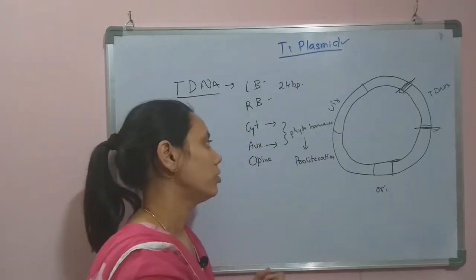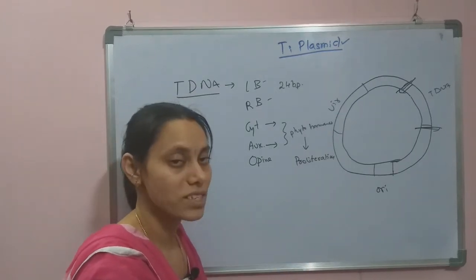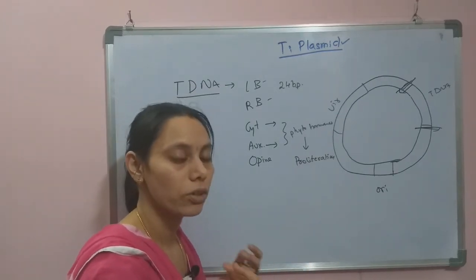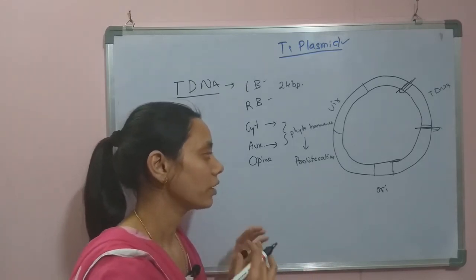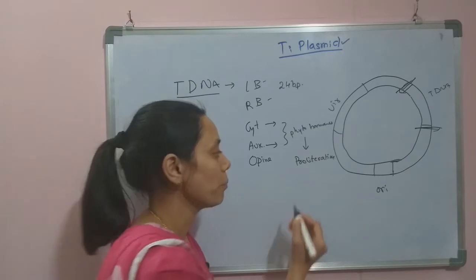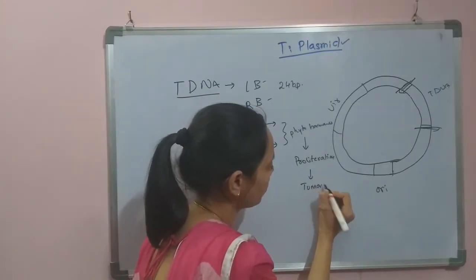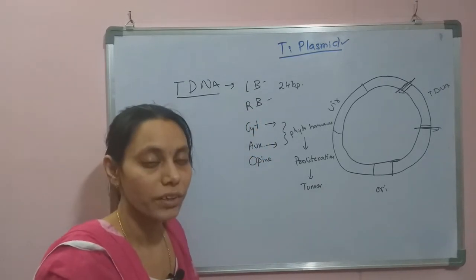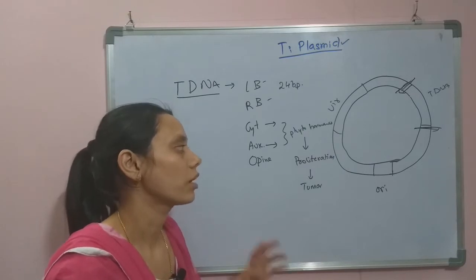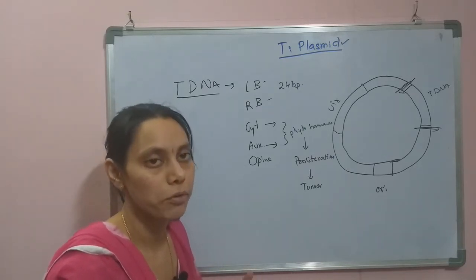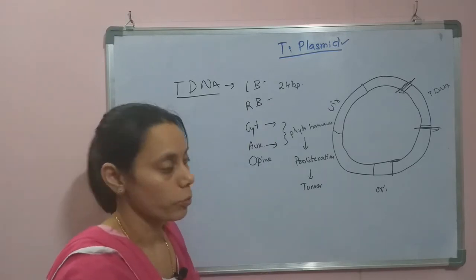Due to the overproduction of these phytohormones, plant cells will replicate and multiply into a number of daughter cells, and that uncontrolled proliferation will lead to the plant tumor, let it be a hairy root disease or a crown gall. In both cases, the uncontrolled proliferation or tumor happens because of cytokinin and auxin overproduction.